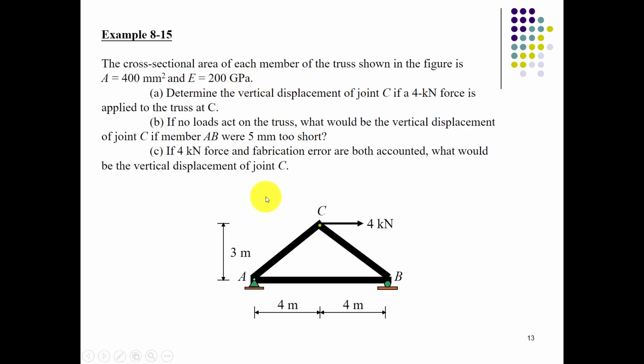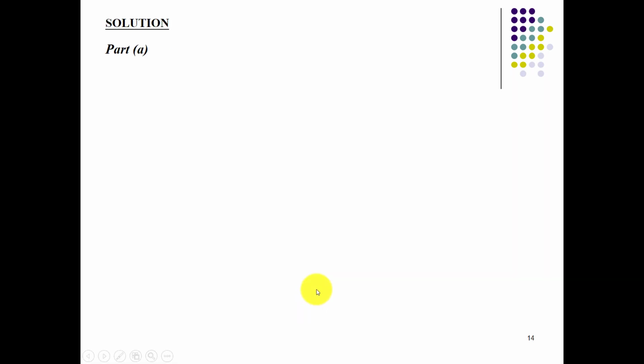So we can calculate the displacement at point C easily from the principle of virtual work formula, which is basically small n into capital N multiplied by length divided by the stiffness of a bar element, summed over the whole length of the elements, for all these 3 elements. So we can calculate it very easily.